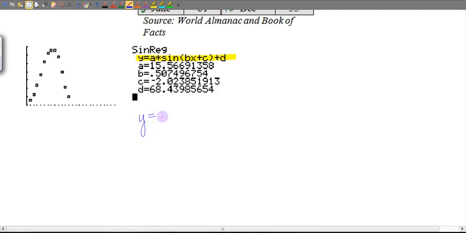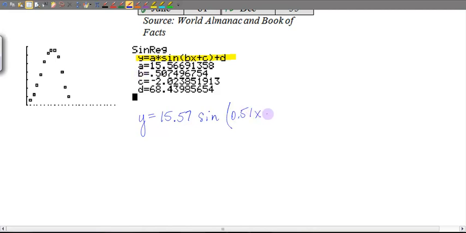So I know that this is in the form y is equal to a, which is 15 point, I'm going to go to 2 decimal places. I think that should be enough. 15.57 sine of 0.51. That's the b value in this.